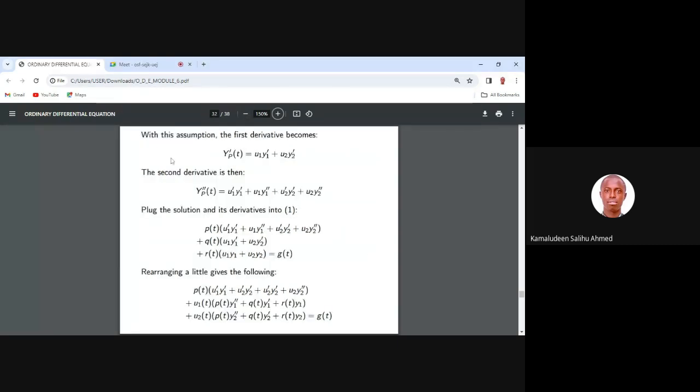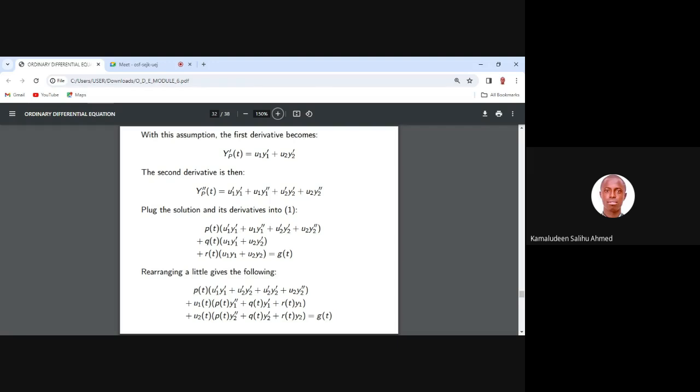Now the second derivative: you differentiate this again, you use the product rule, and you have this. So now you have the solution for y prime prime of p of t, and for y prime of p of t you have the solution also.